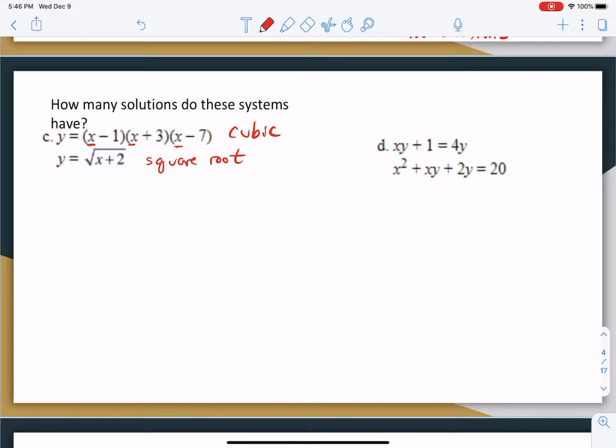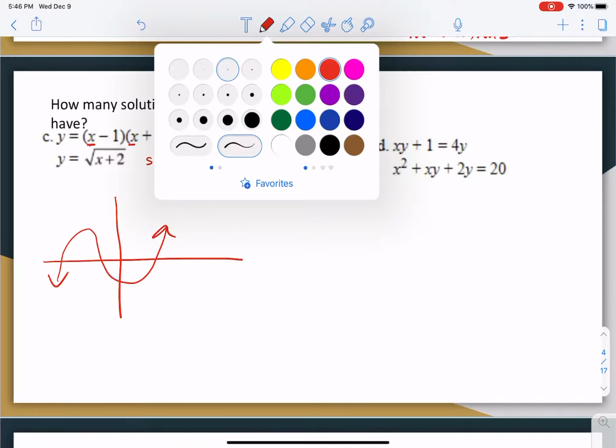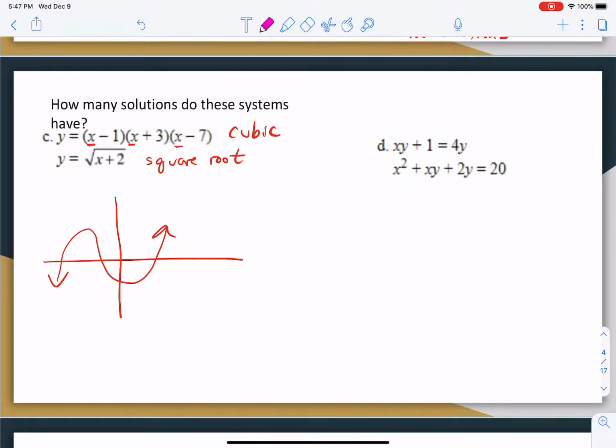So if I think about a cubic equation and a square root equation, my square root equation could hit that graph in 3 points.